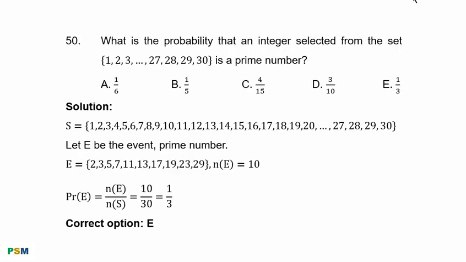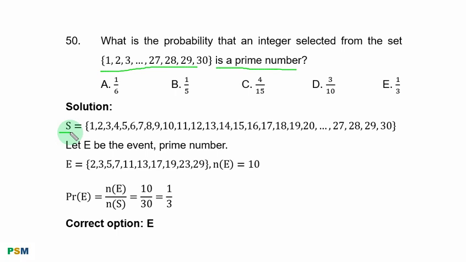Question 50. What is the probability that an integer selected from this set is a prime number? Solution: the given set is the sample space or universal set.